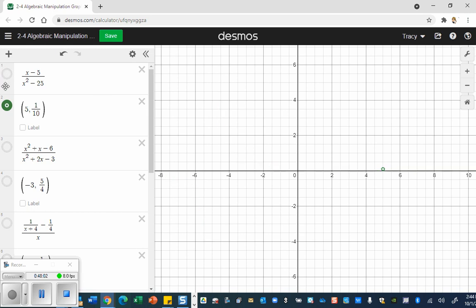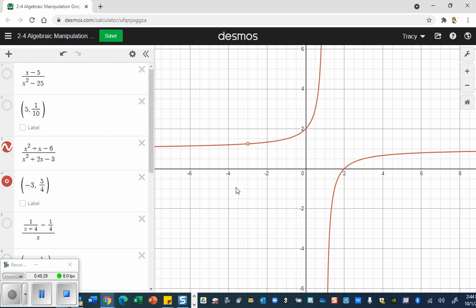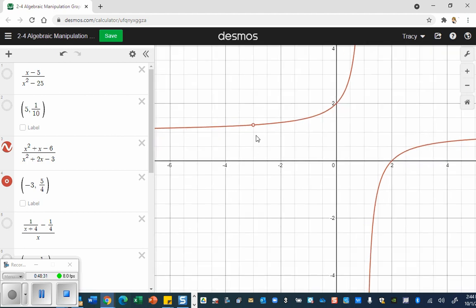All right, take a look at the next one that we factored. Ready? Here's x squared plus x minus 6 over x squared plus 2x minus 3. This was what we removed. We factored out x plus 3, so that input of -3 is where we were getting our hole.